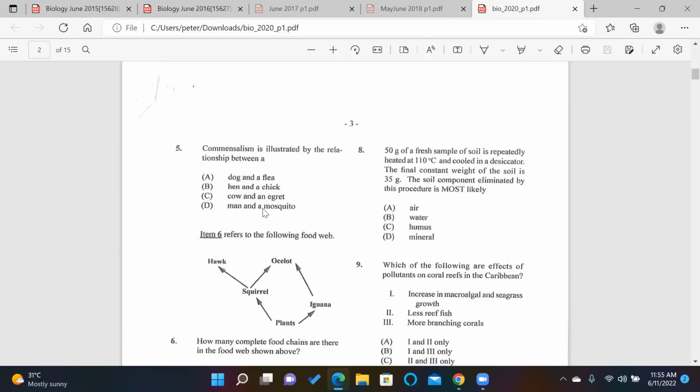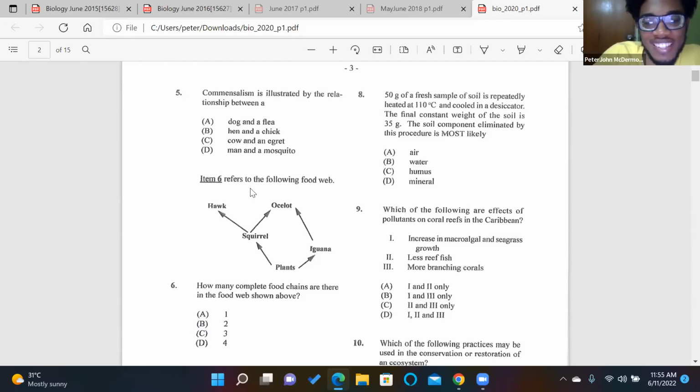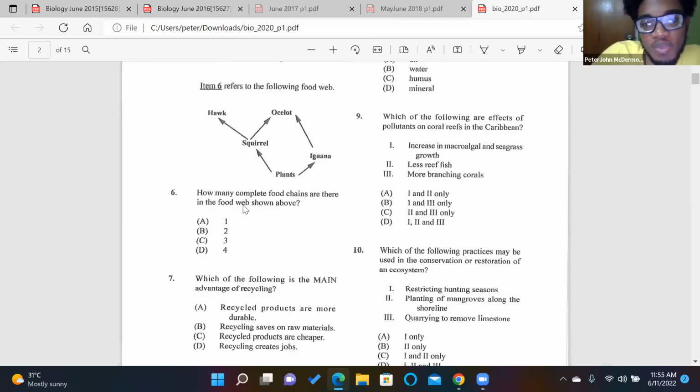What's D? Parasitism. What's A? Parasitism. What's B? Sir, I don't know. I wouldn't necessarily call it that. That's more like parent and child. I wouldn't call it a relationship per se.